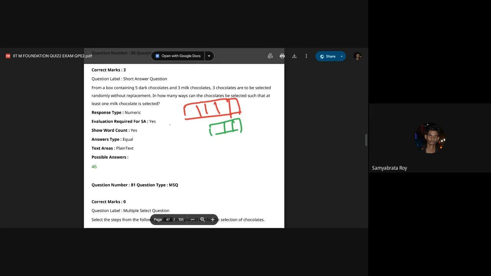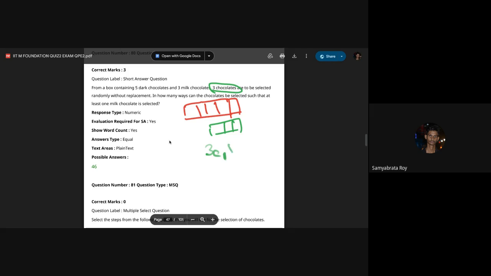At least 1 milk chocolate should be selected. So from the 3 milk chocolates, at least 1 I am choosing.